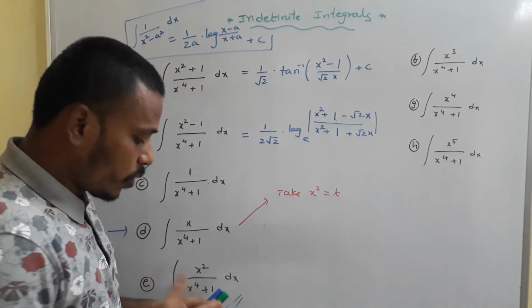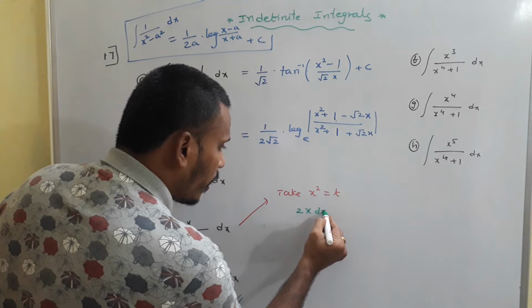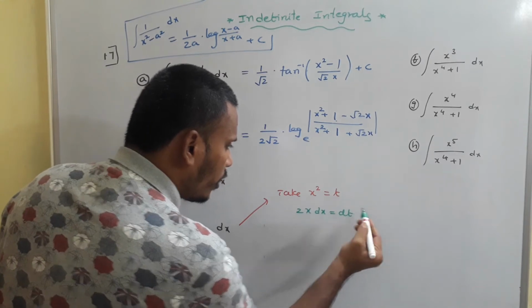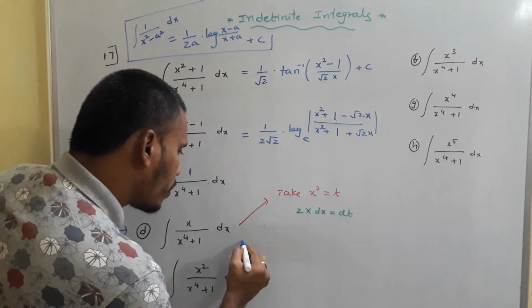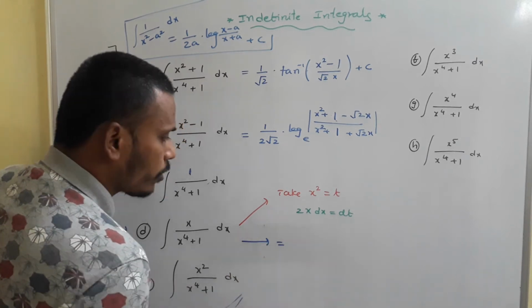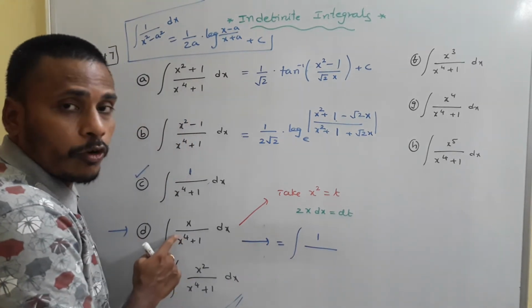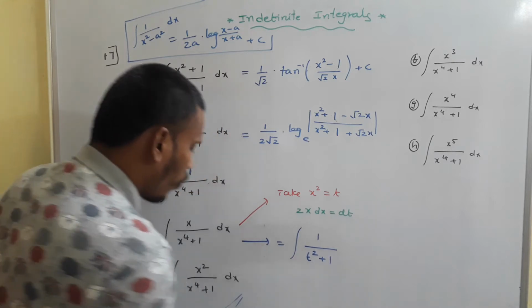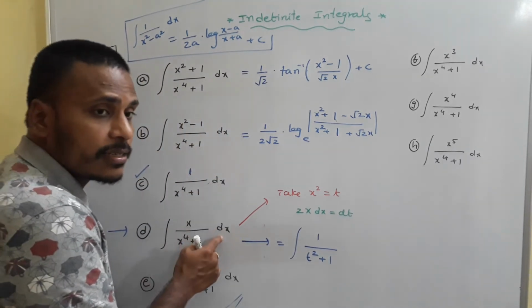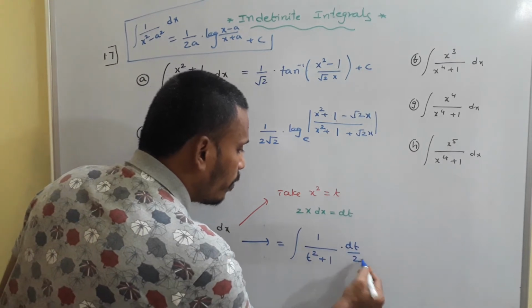If x square is equal to t, then its derivative 2x dx is equal to dt. Then this problem is equal to integral of 1 by x power 4, since x square is t, x power 4 is t square, plus 1. And x dx is dt by 2, so this into dt by 2.